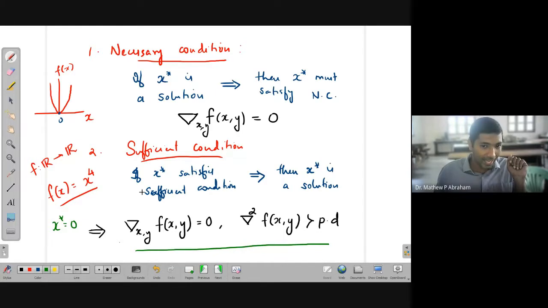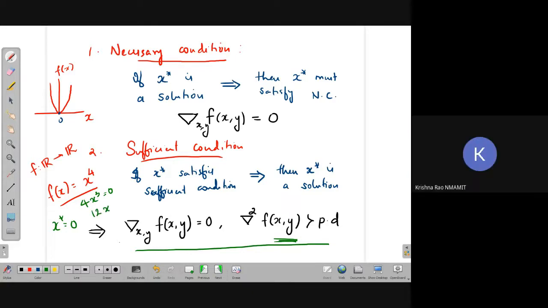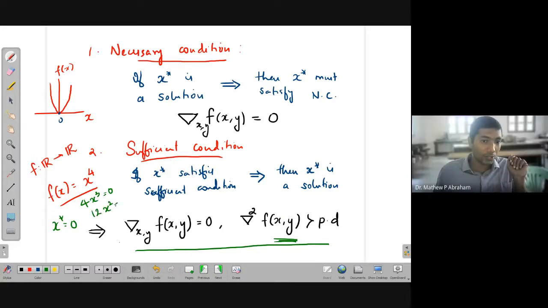But we can see that this condition is not satisfied, right? Why is this condition not satisfied? Because if you take the first derivative, it is 4x cubed equal to 0. So when x equals 0, that becomes 0. That is fine. Now if you take the second derivative, it becomes 12x squared, and that also becomes 0.